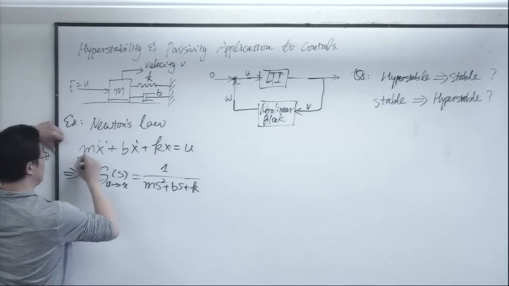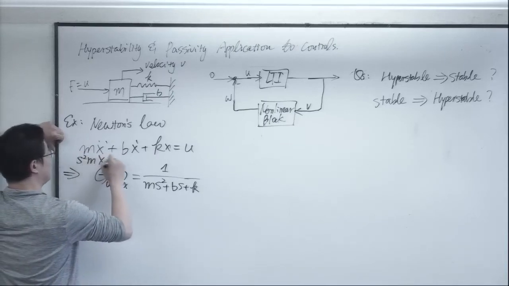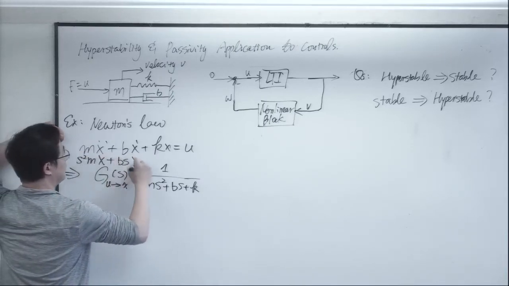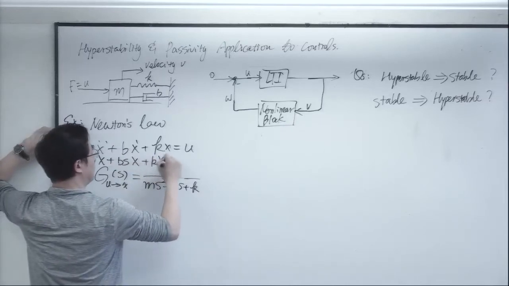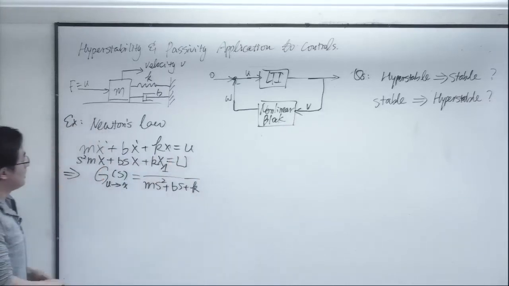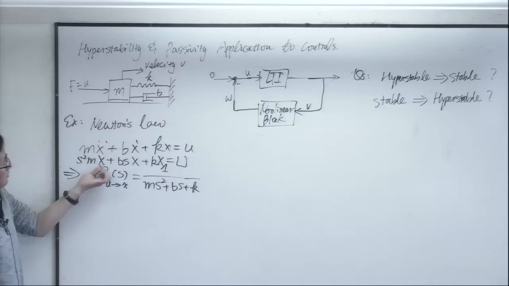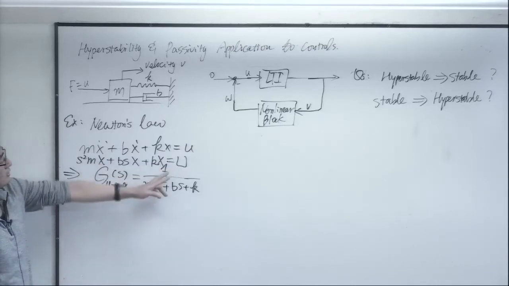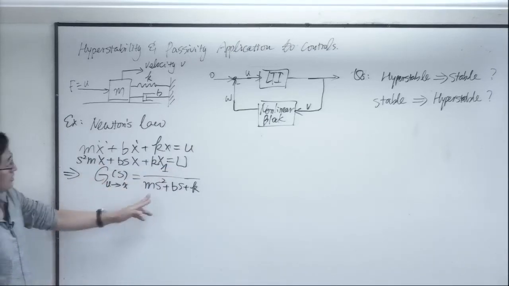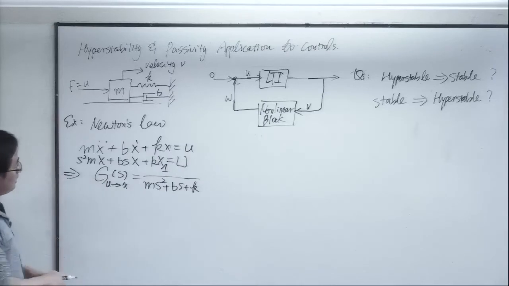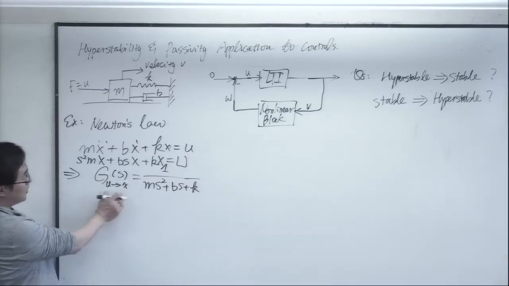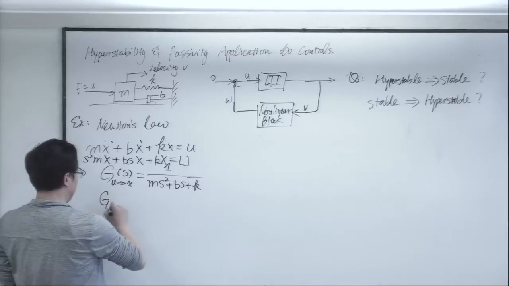So the ratio between x and u is 1 over ms squared plus bs plus k. This is the position as the output.